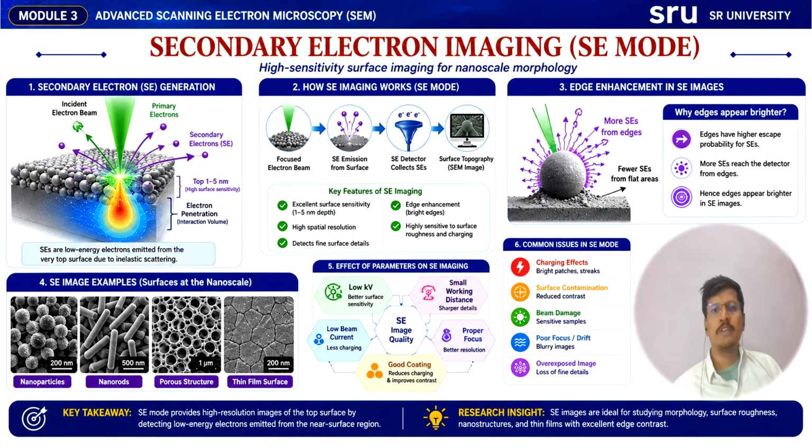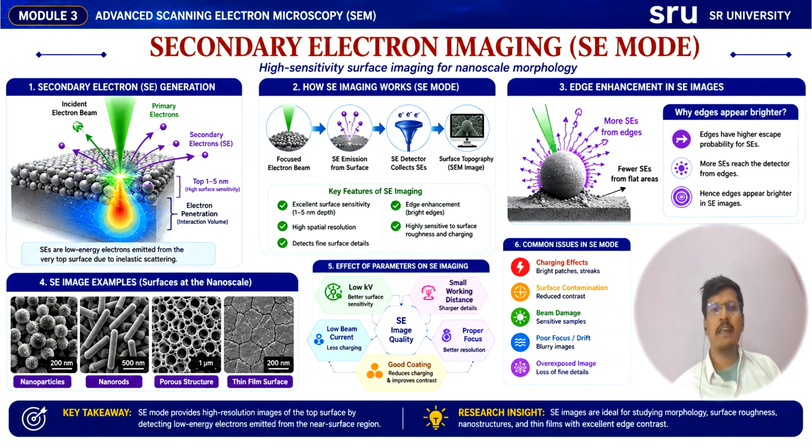In this mode, primarily used to obtain the detailed information about the surface morphology of the materials. To understand the secondary electron imaging, we must first know how secondary electrons are generated.